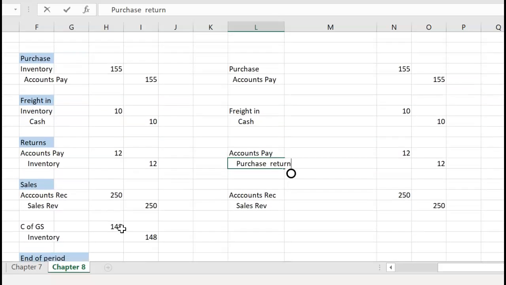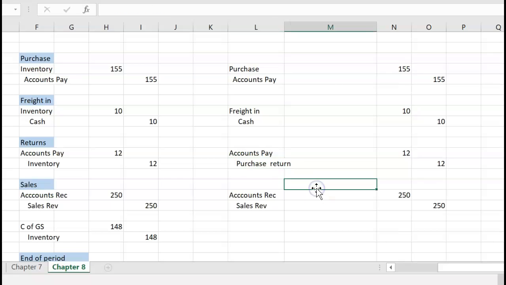And for the goods that were returned, we would actually debit accounts payable because we don't owe the money anymore, which is $12,000, and we would credit the purchase returns.